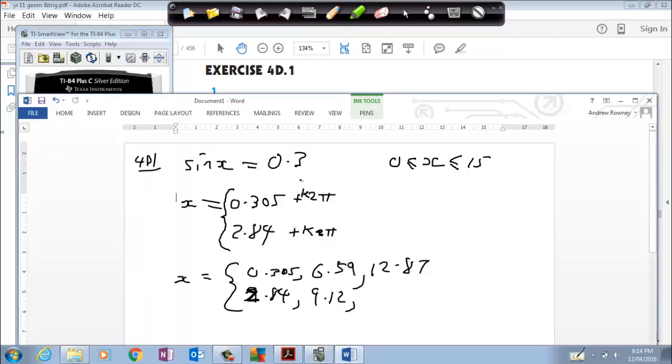So that is our complete answer there. We've got 5 values corresponding to the x values that will give a sine value of 0.3, or a y coordinate of 0.3.